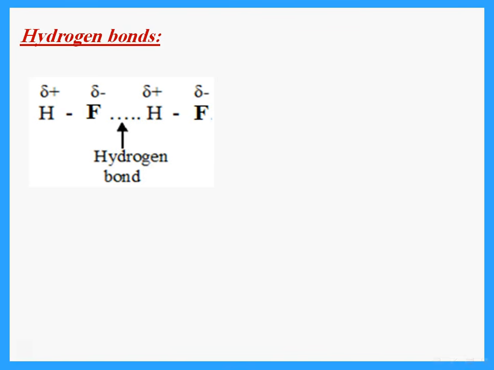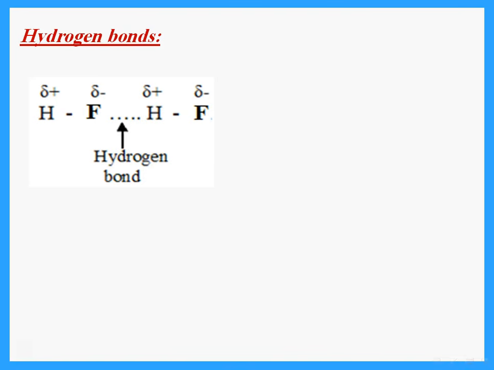Now, hydrogen bonds will form between molecules that have an electronegative element attached to hydrogen. That's what we need. If it has an electronegative element attached to hydrogen, that means, first of all, it originally had its own dipoles: hydrogen slightly positive and the electronegative element slightly negative.